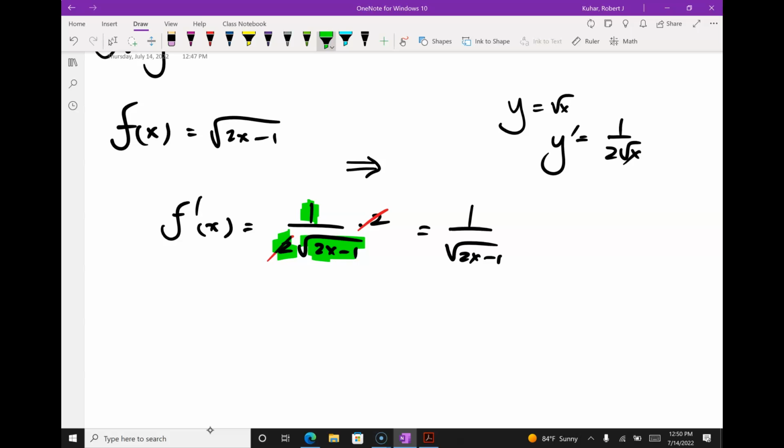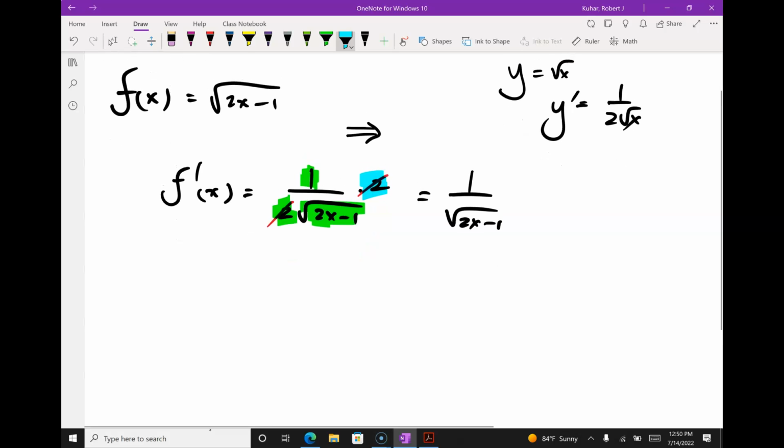But now if you look at the inside function, 2x minus 1, that itself has a derivative of 2. I then need to multiply the derivative that I got by the derivative of the inside. That's the chain rule. So I multiplied by another 2, and then the 2's canceled. Don't worry about that yet, okay?